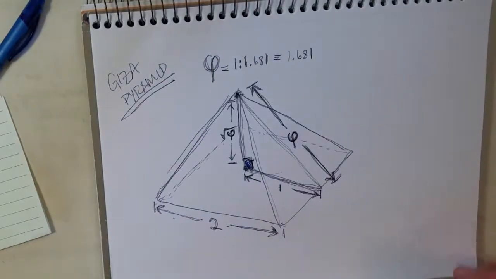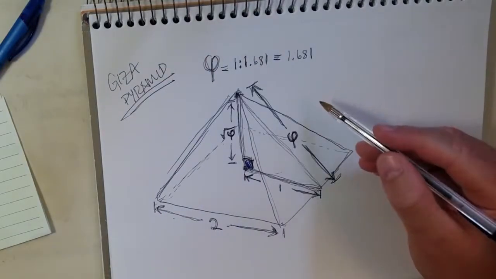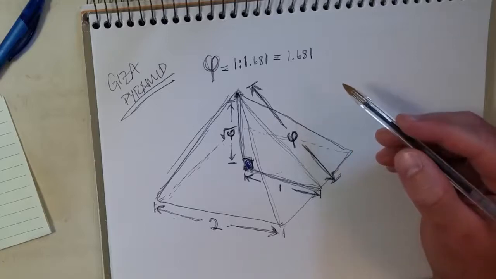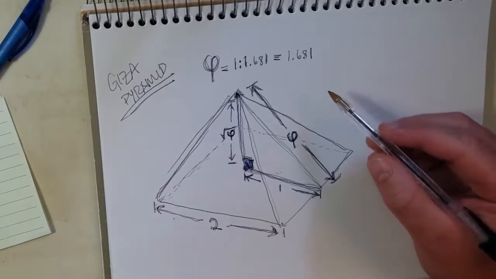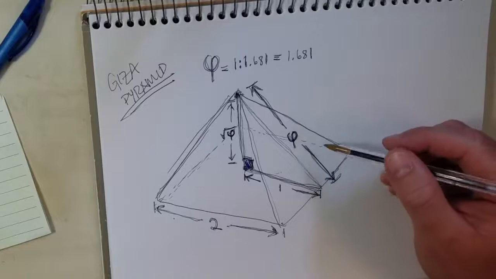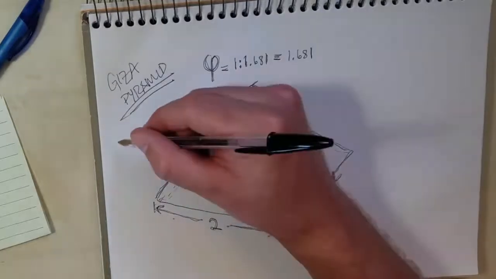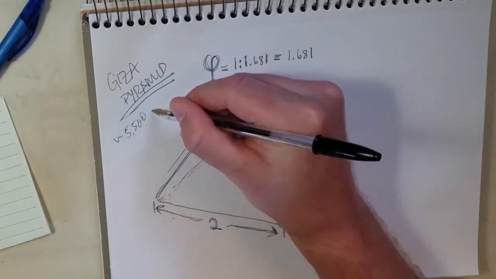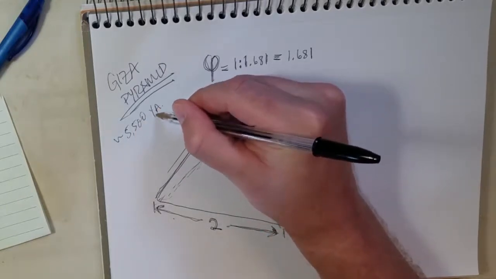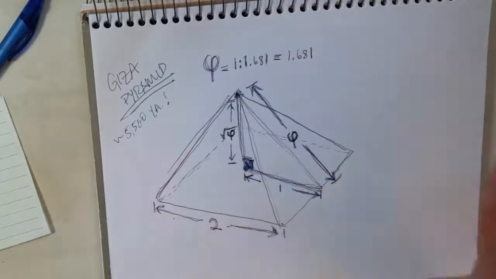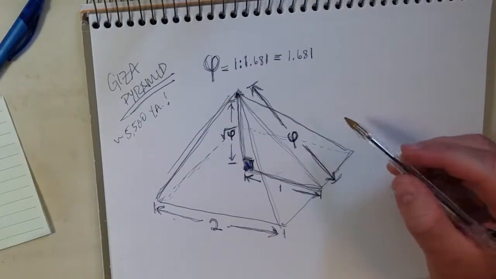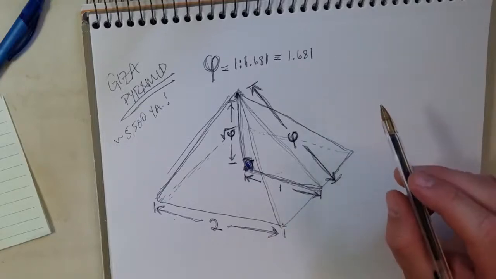So I think it's really fascinating that thousands and thousands of years ago, well, at least 3 or 4,000, maybe 5, I guess, years ago, the Egyptians knew what this was all about.